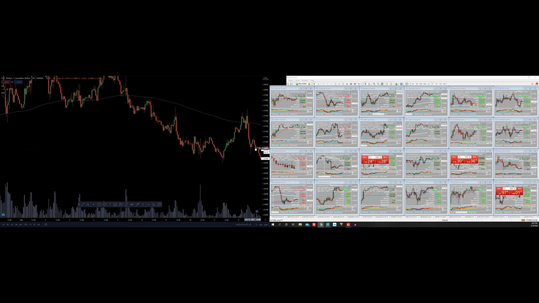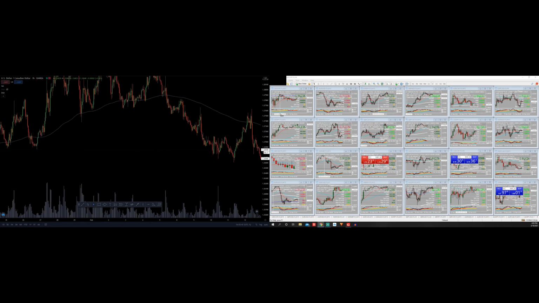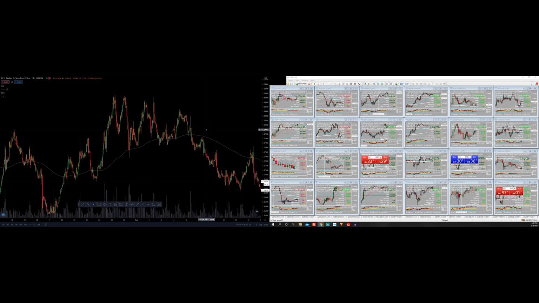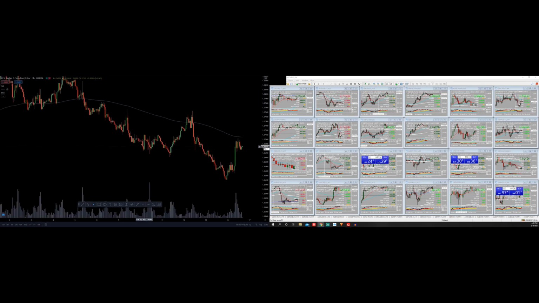I'm pretty sure I entered the position on this candle here. My reasoning behind this was price had come up, which after the fact you look at it and you can tell it's in a clear downtrend. But to me, this was level three behavior. It was trading back and forth, back and forth.